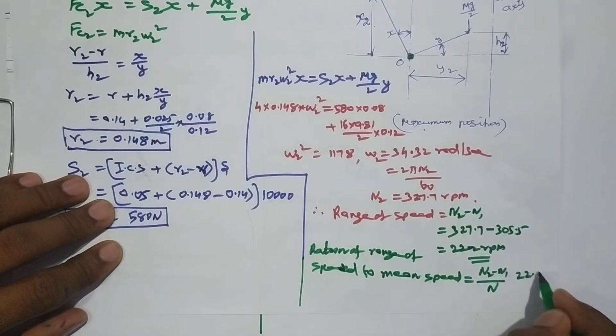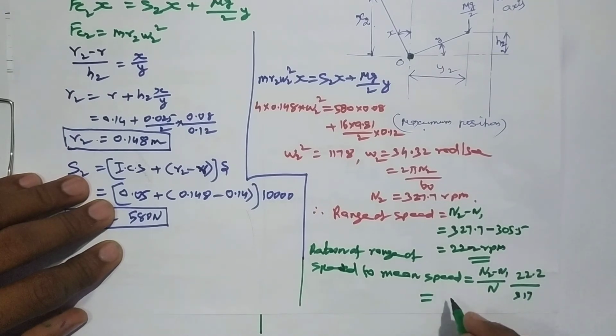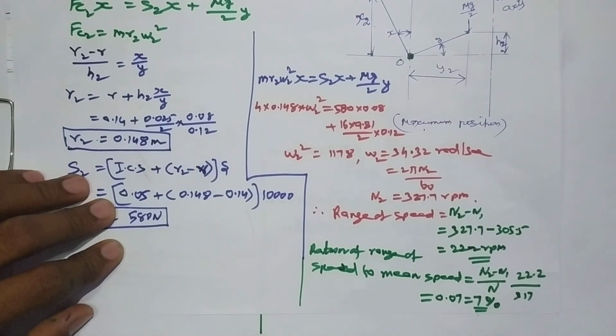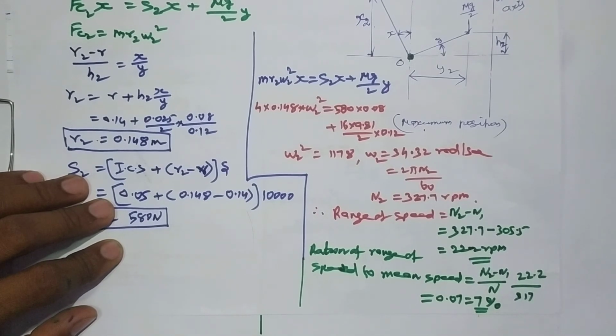So 22.2 divided by 317, that is equal to 0.07, that is equal to 7%. So this is the range of speed to the mean speed of the governor. Thank you.